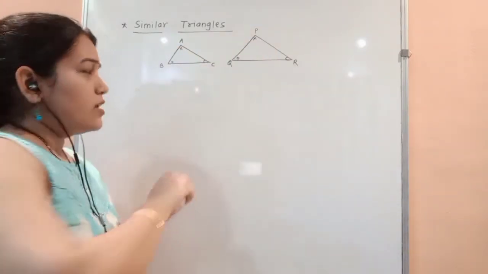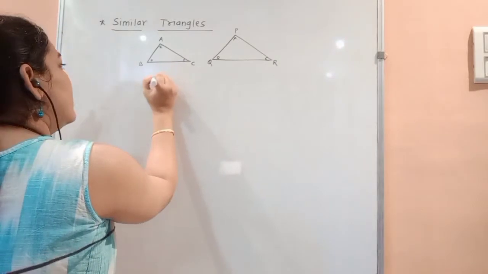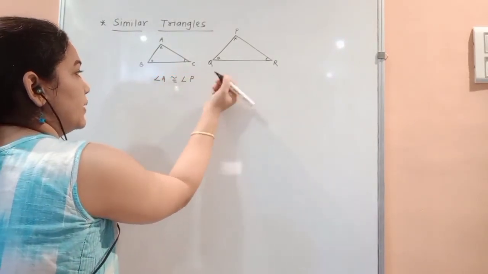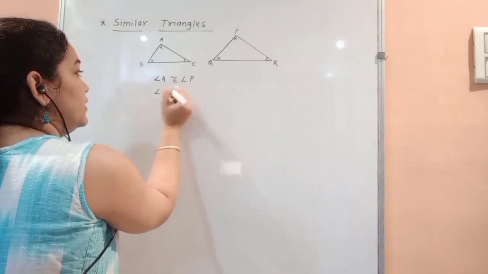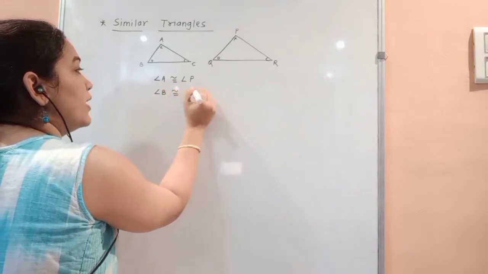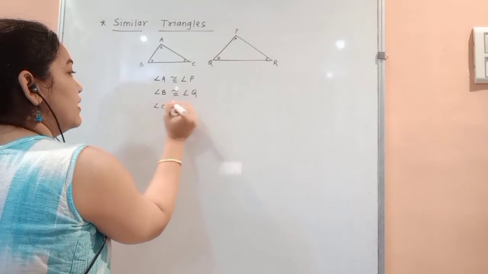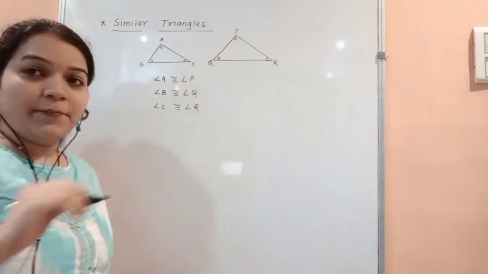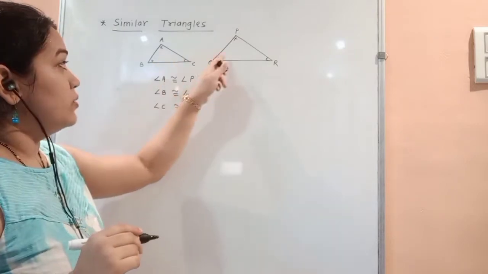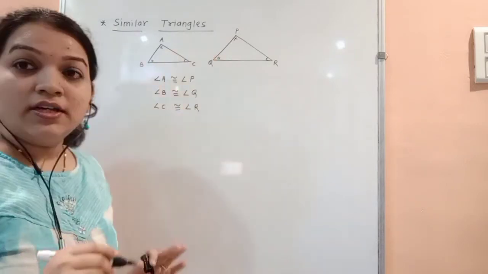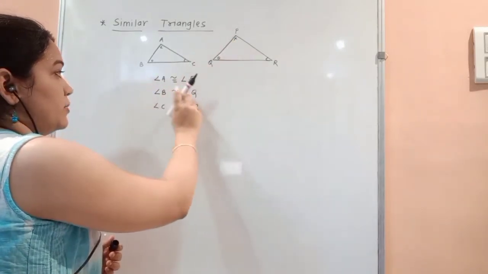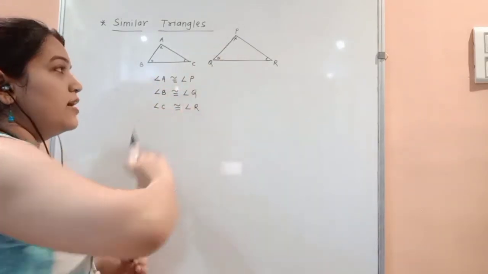So see here, angle A is congruent to angle P, angle B is congruent to angle Q, and angle C is congruent to angle R. You can see the same signs here, yes or no.